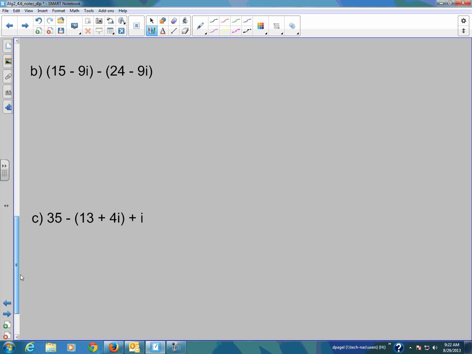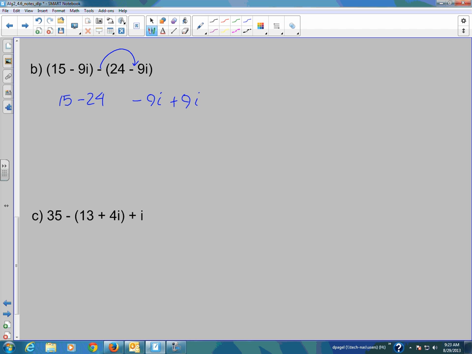Let's try B. We have 15 and the 24, creating our real piece. We have the negative 9i, and we've got to remember we're going to distribute this negative here. So this is now plus 9i. And I get negative 9 plus 0i.